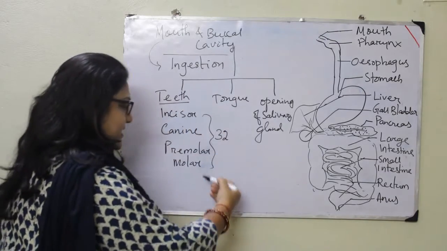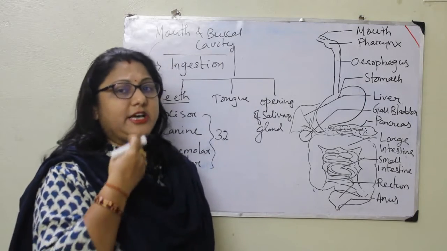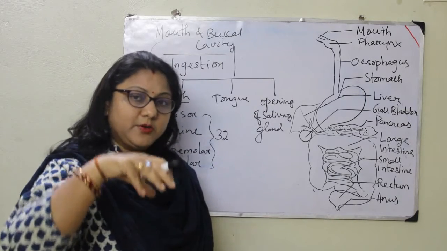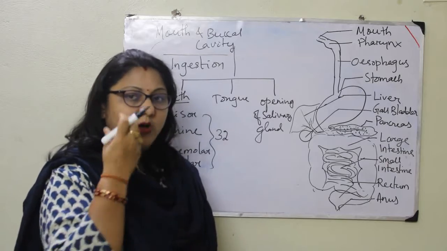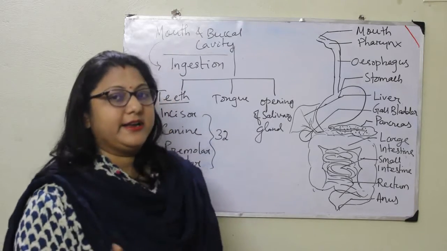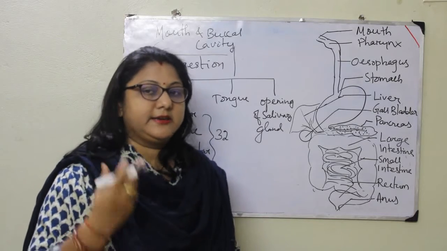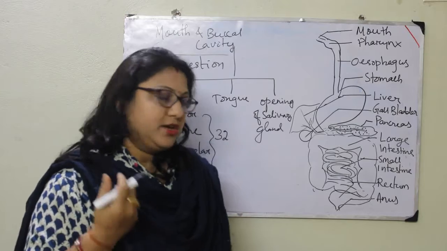Now, these teeth have different roles. Incisors and canines are for tearing meat or biting any hard object. Premolars and molars are for gritting, grinding, and mixing the food.